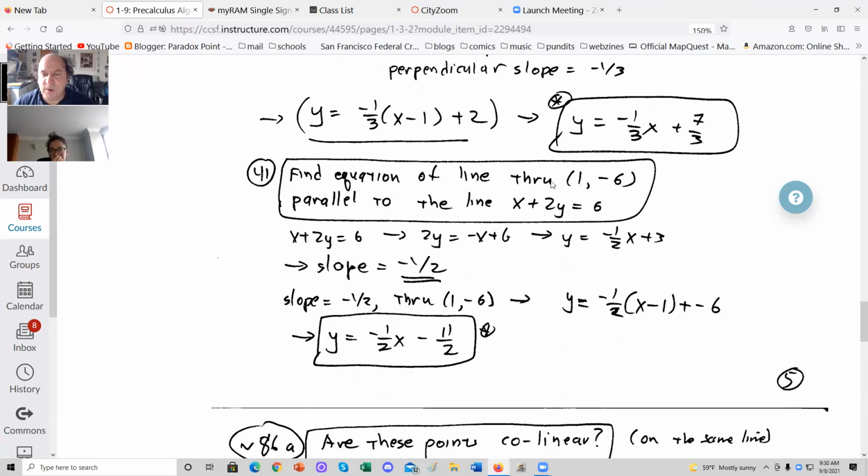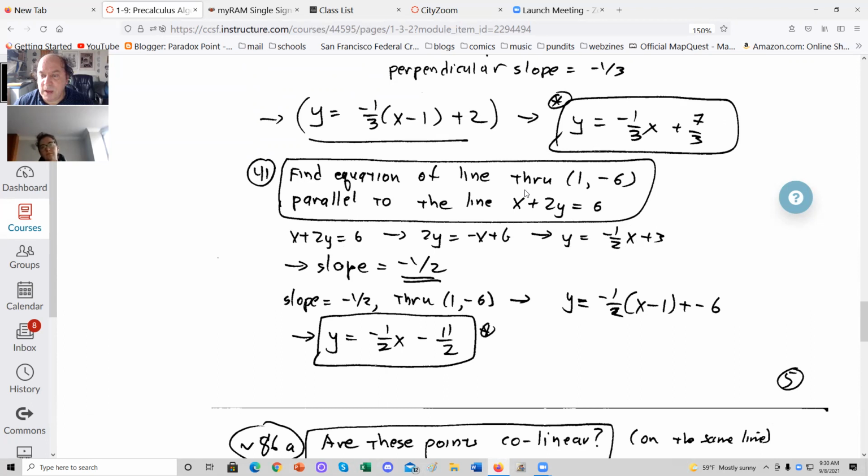Here, we're asked to find the equation of the line through 1 by negative 6 and parallel to the line x plus 2y equals 6. For this one, first we'll need to find its slope-intercept form to find its slope. x plus 2y equals 6, then 2y equals negative x plus 6, and dividing by 2, y equals minus a half x plus 3.